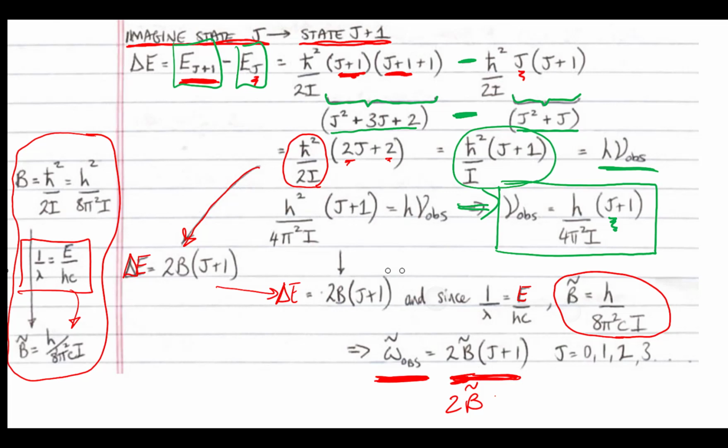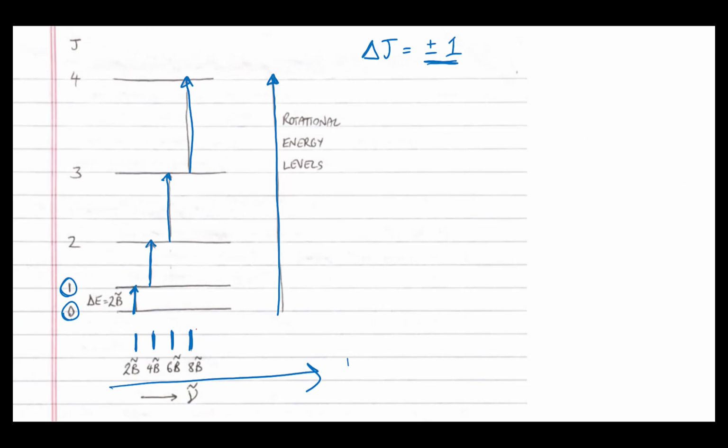If J, for example, is equal to 0, if our starting point is J equals 0, then J plus 1 is 1. We would expect a transition energy in wave numbers of 2B squiggle, and indeed that's what we saw in the previous slide with the transitions there: 2B squiggle, 4B squiggle, 6B squiggle, and 8B squiggle. So you'll see those in that slide.